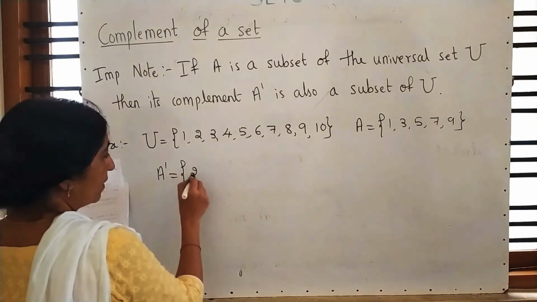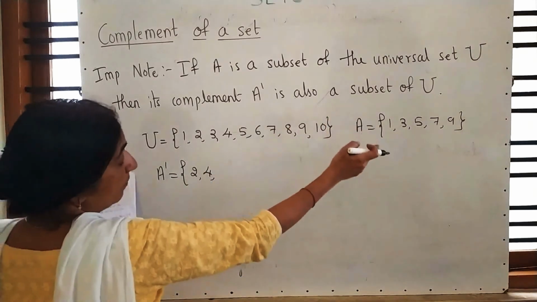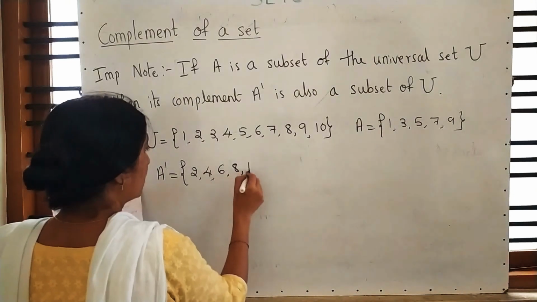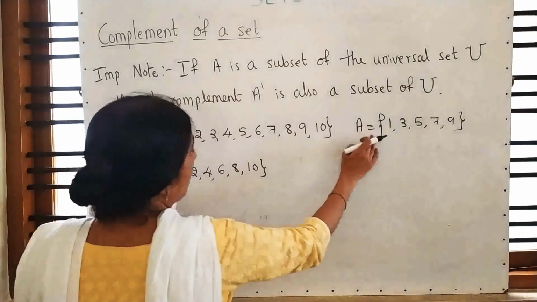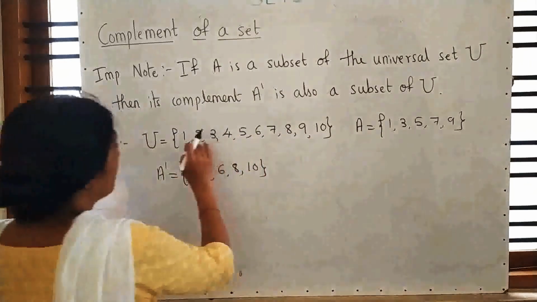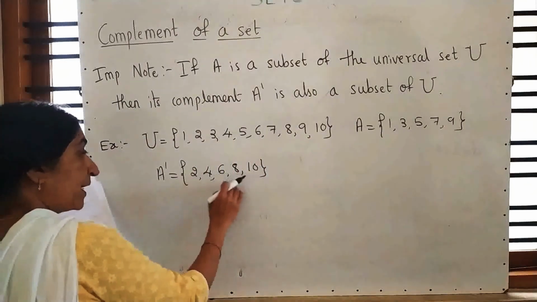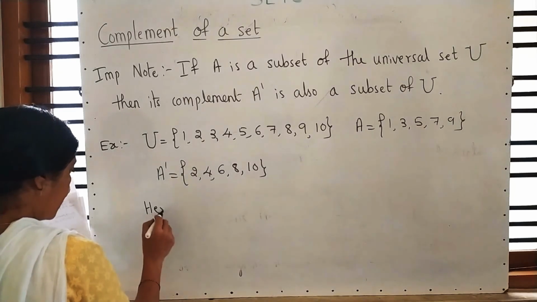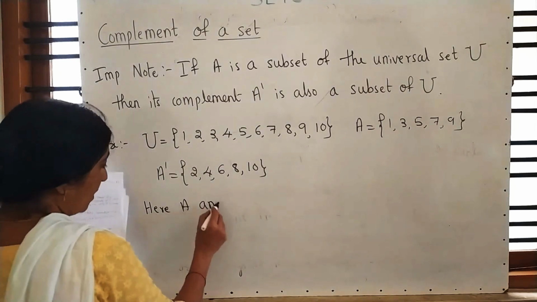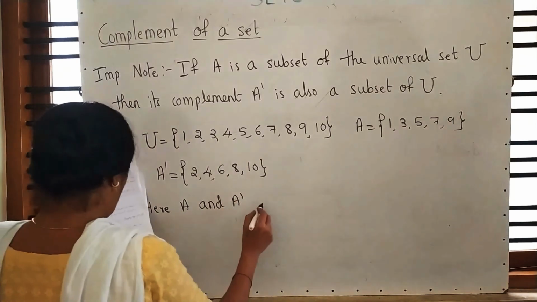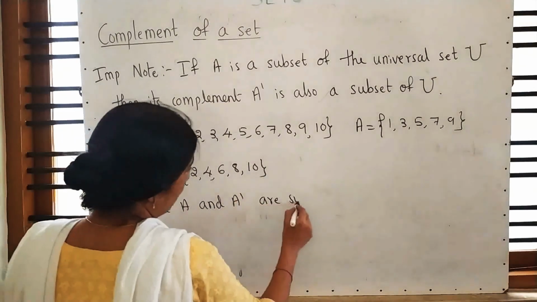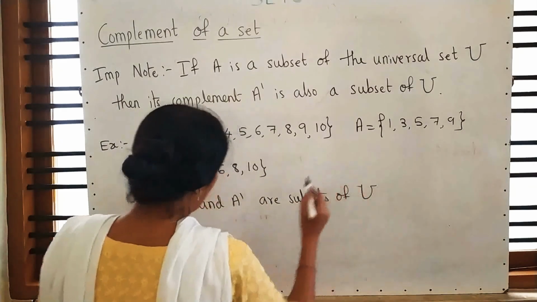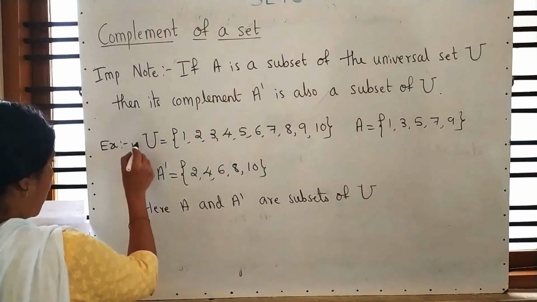Its complement is 2, 4, 6, 8, 10, those which are present in U but not in A. Now compare: all the elements of set A are present in U. All the elements of set A dash, the complement, are also present in U. Here A and its complement are subsets of the universal set.